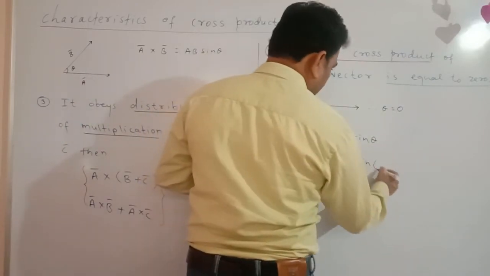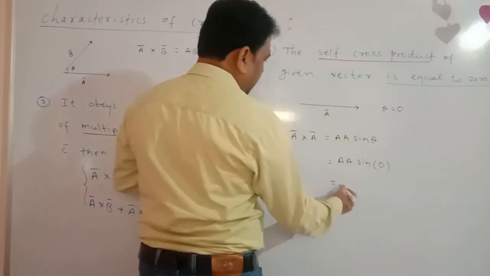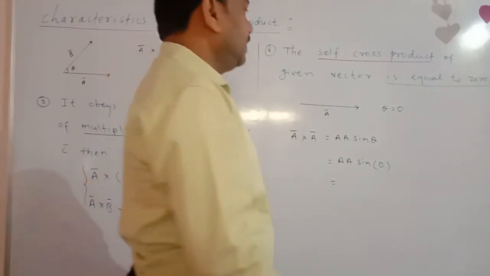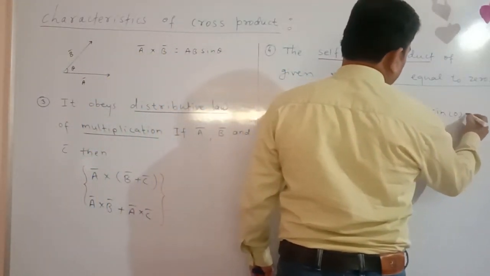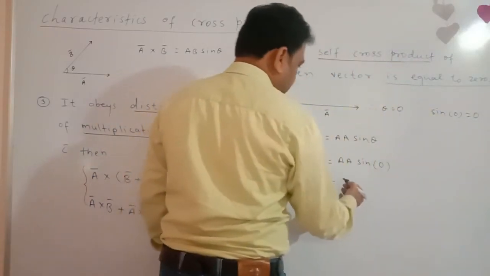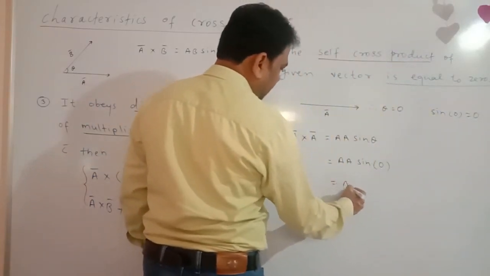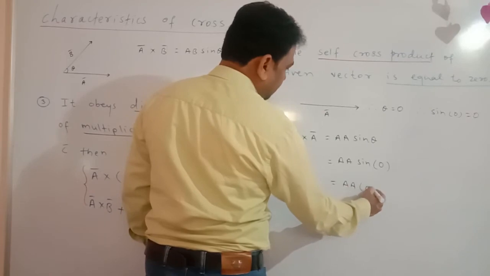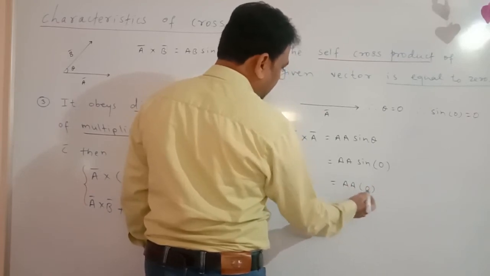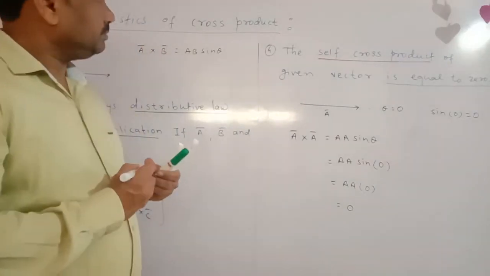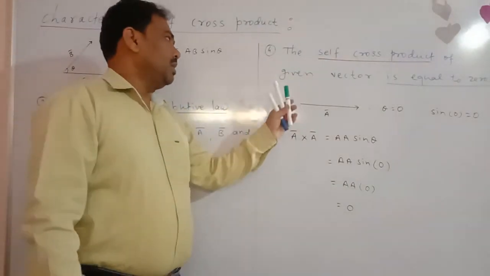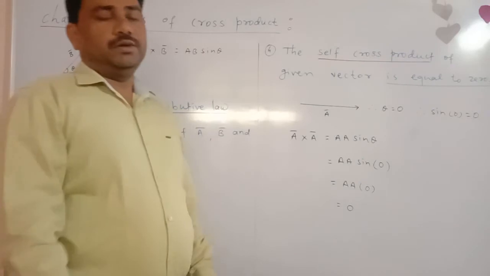Instead of theta write 0. The value of sine 0 is equal to 0. Therefore we substitute: AA into 0, and A into 0 means 0. In this way the self cross product of a given vector is equal to 0.